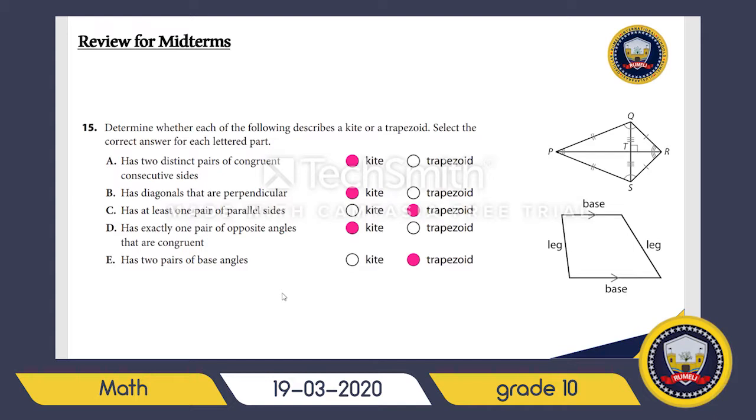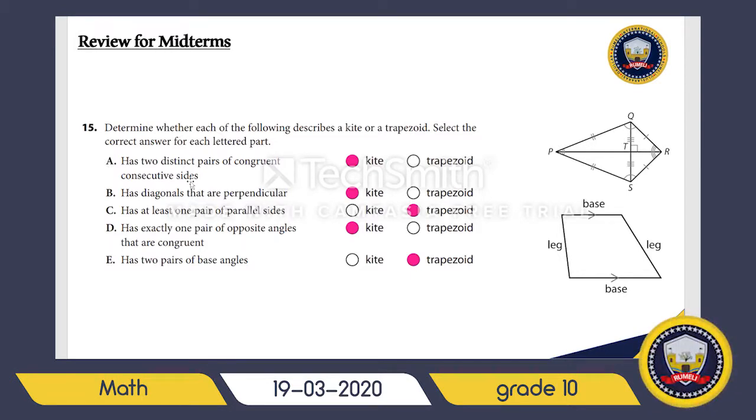Let's go to multiple choice questions. Determine whether each of the following describes a kite or trapezoid. Select the correct answer from each lettered part. A. The shape has two distinct pairs of congruent consecutive sides.